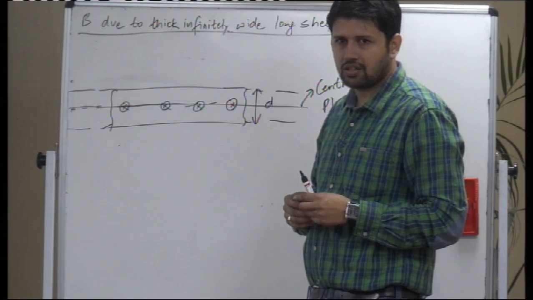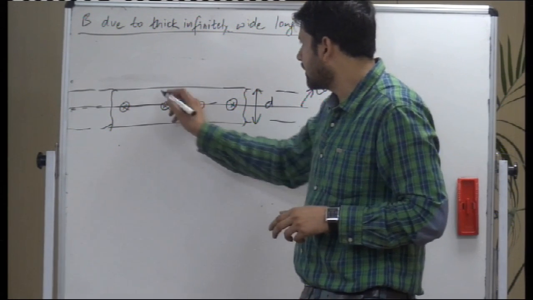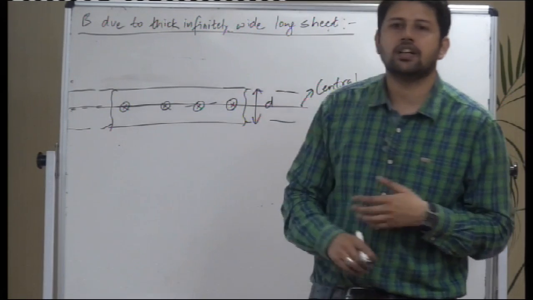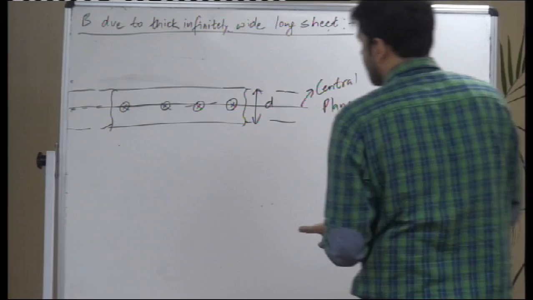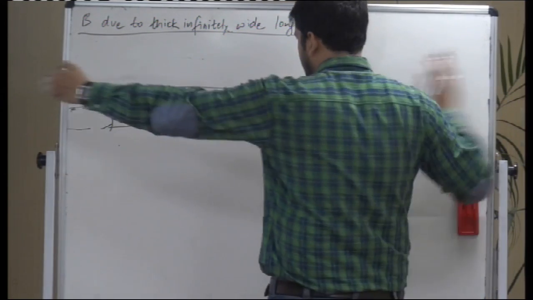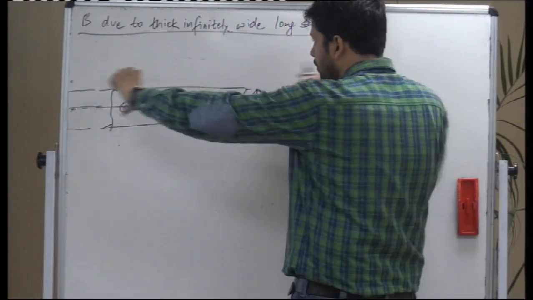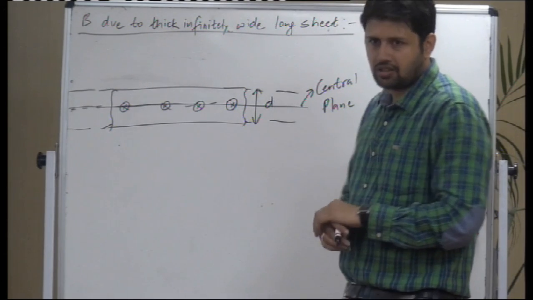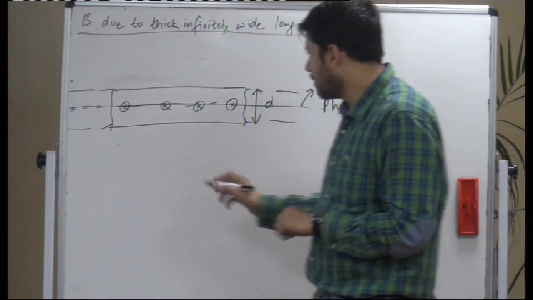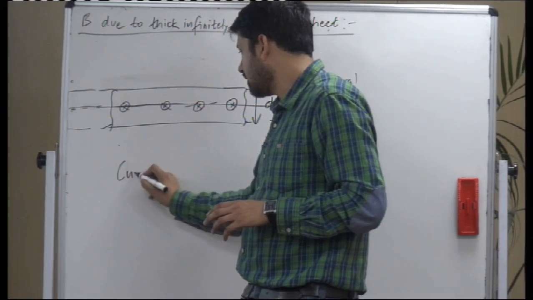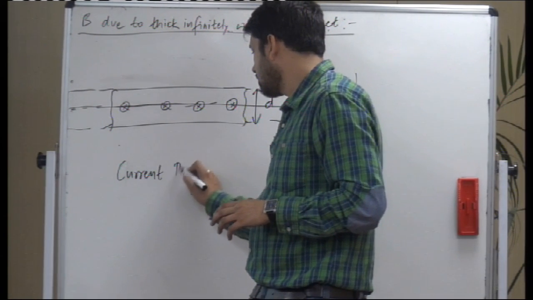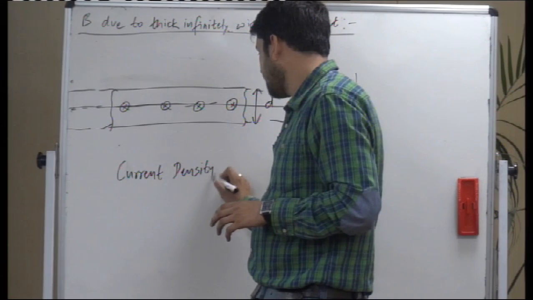Here you won't be defining current per unit width. You would be defining current per unit area, the current density. Infinite amount of current and infinite cross sectional area. So you define a quantity, current density, which you already know. Let the current density be J.